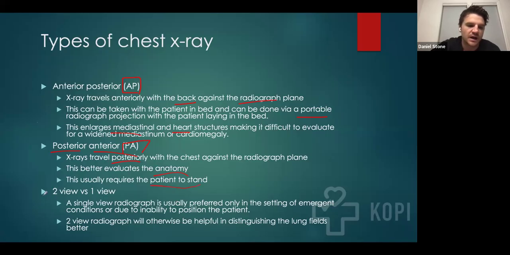So when you're talking about how to get a chest X-ray, you want to make sure that you're talking specifically with your consultants or with your patient about getting a two view rather than a one view if you can help it. And one view should really be reserved for the patients who are unstable or those who cannot walk.